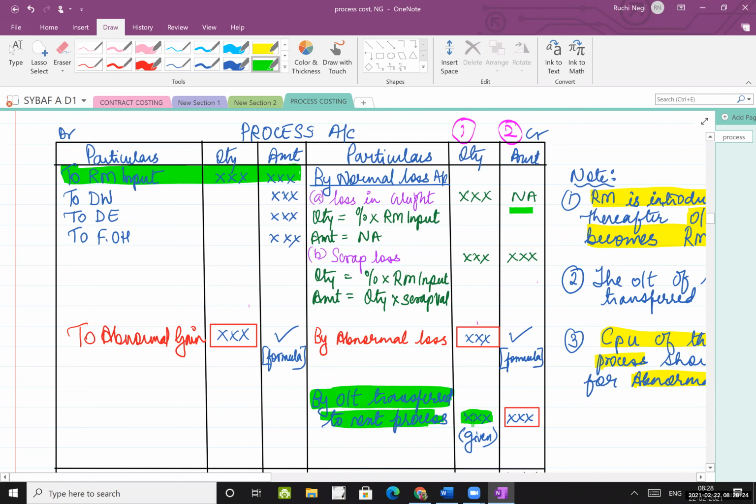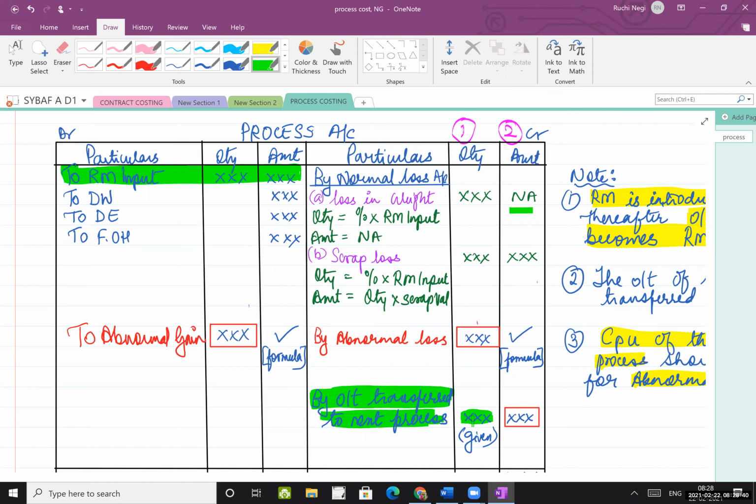Okay, understood? So type 1 sum in process costing is where the output transferred to the next process, that is which will become the input for the next process, will be given in the question.